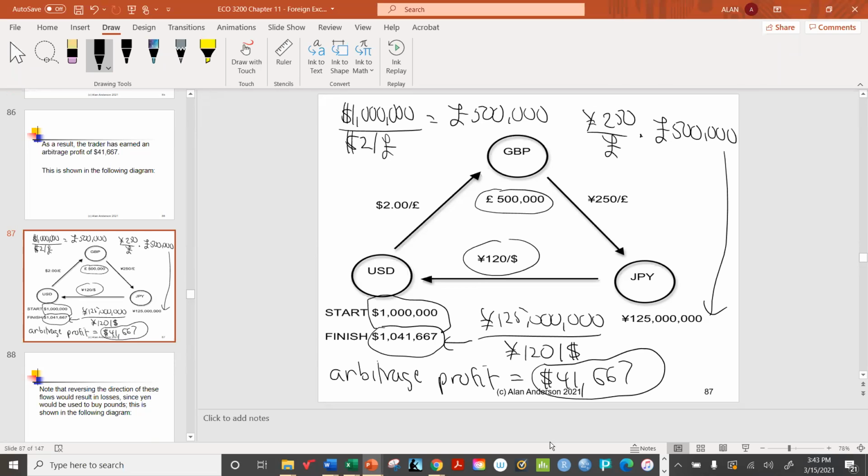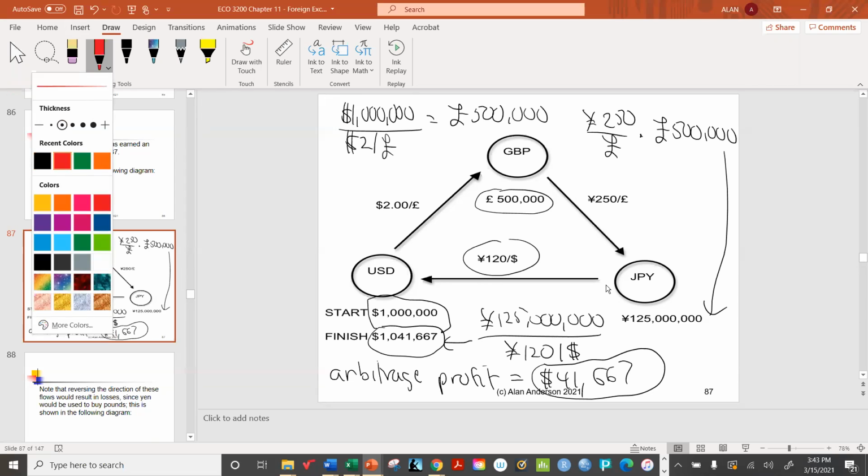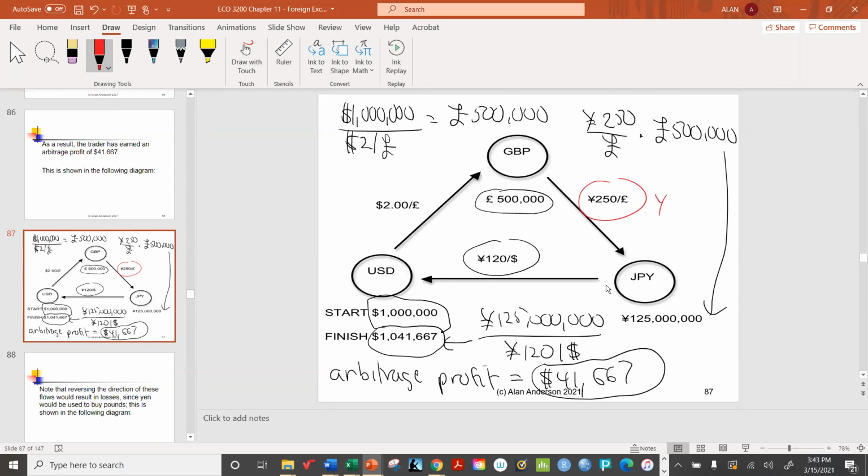Now, who's losing this money right here? This dealer over here in London who gave us the bad quote. Wow. And it was that simple. It's a three-way relationship that has to hold. Otherwise, there's an arbitrage. Now, had the dealer given us the right quote in the first place, let's replace this with 240.